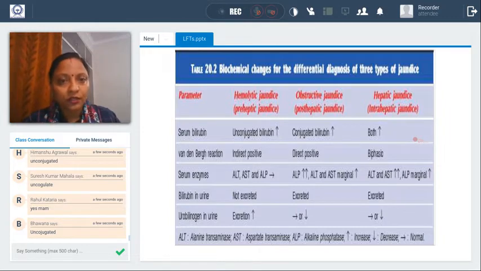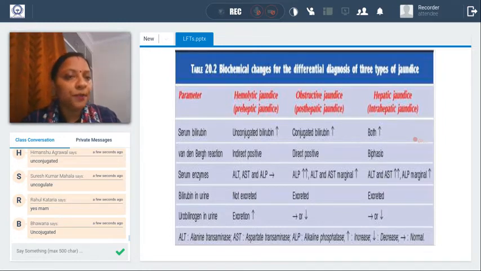This table is very important. It indicates the biochemical changes for the differential diagnosis of three types of jaundice. First is hemolytic jaundice, second is obstructive jaundice, third is hepatic jaundice.